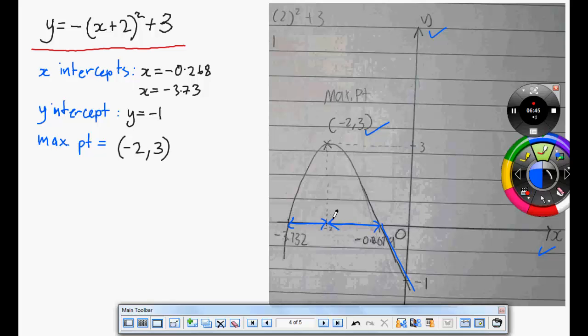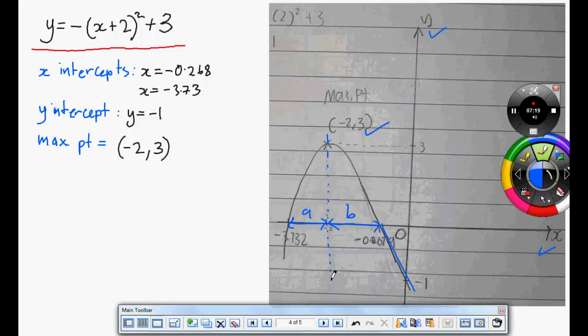Let's call them A and B. A and B must be equal in length because this is the line of symmetry. So please take note of this: your curve must be a proper parabola shape. Lastly, the equation is also not labelled for this, so please label your equation.